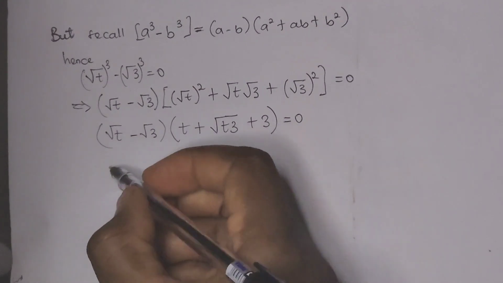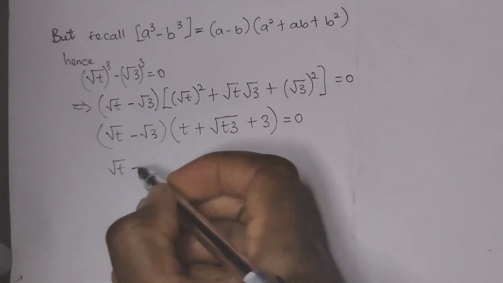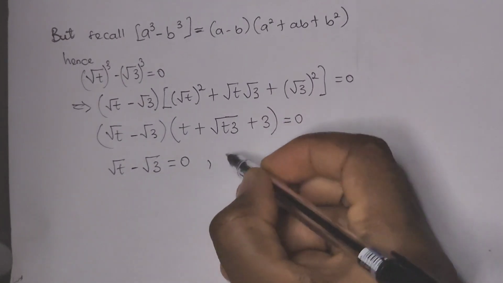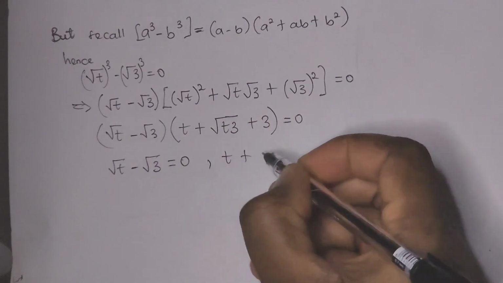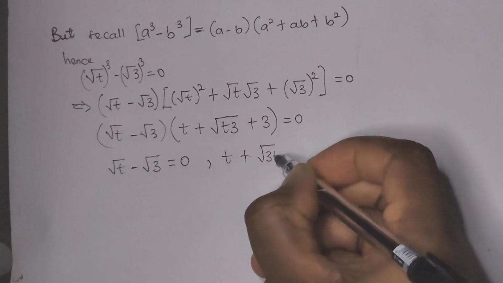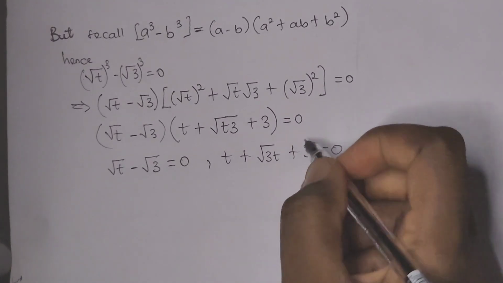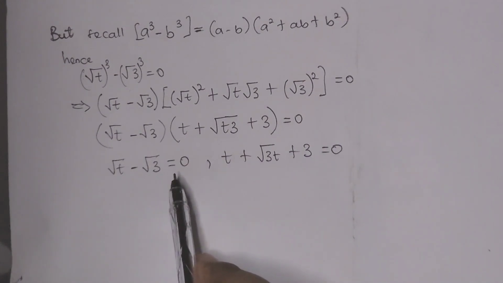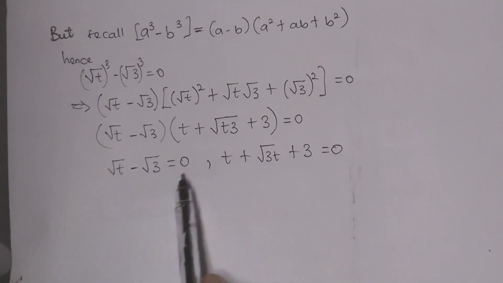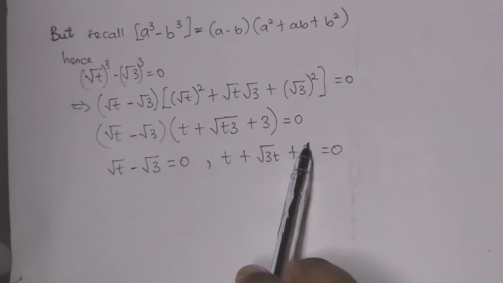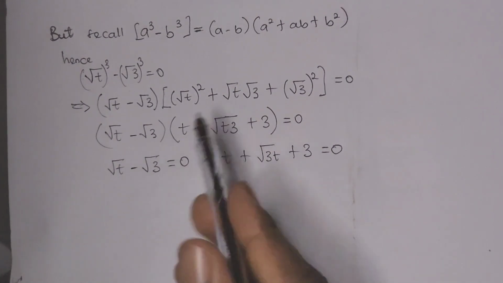It implies that the square root of t minus the square root of 3 is equal to 0, and t plus root 3t plus 3 is equal to 0 as well. So for us to get the solution to this problem, we'll resolve this linear equation and this other equation separately.